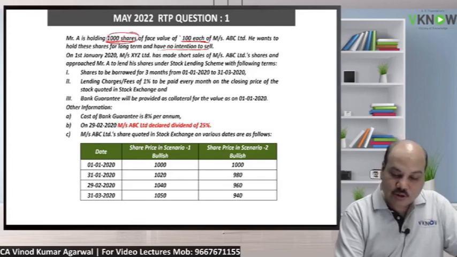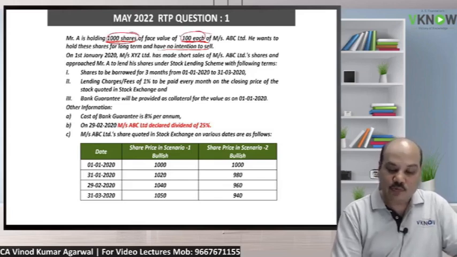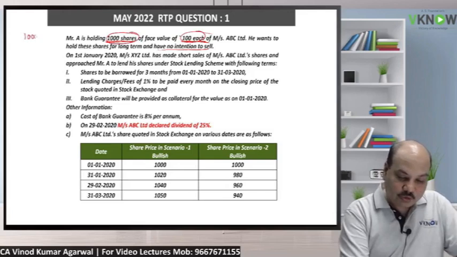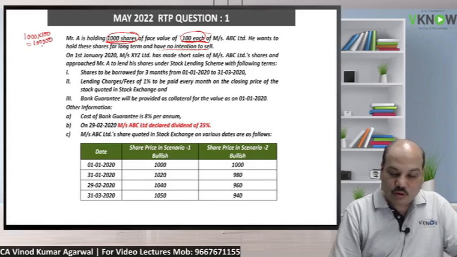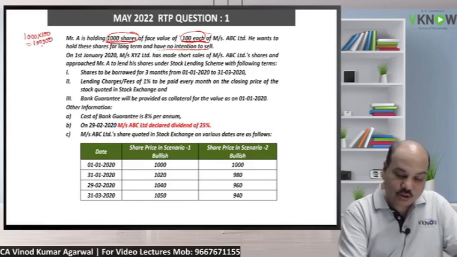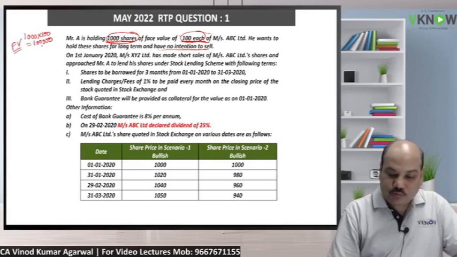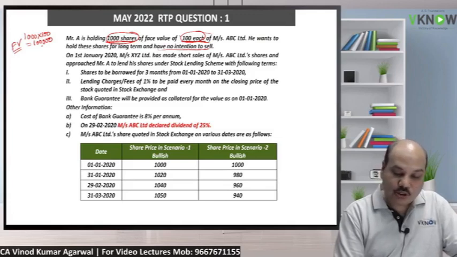So right now Mr. A is holding 1000 shares of 100 rupees each, so the value of his shares, face value you can say, is 1 lakh rupees. He wants to hold these shares for the long term and has no intention to sell.